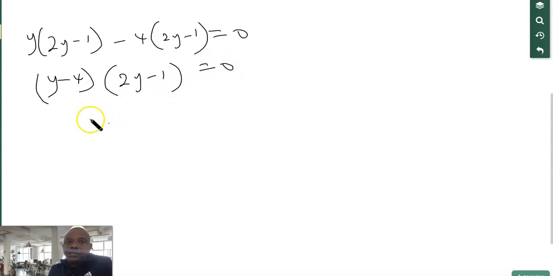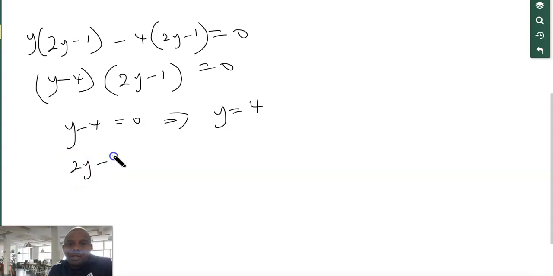Which means y minus 4 is equal to 0, which implies y equals 4, since 4 goes to the other side as plus 4. Also 2y minus 1 is equal to 0, which implies 2y is equal to 1.